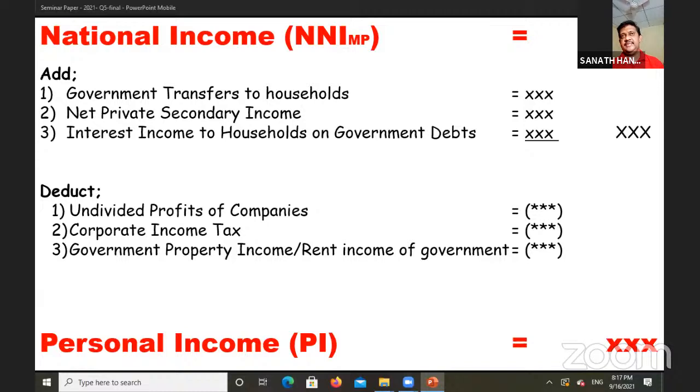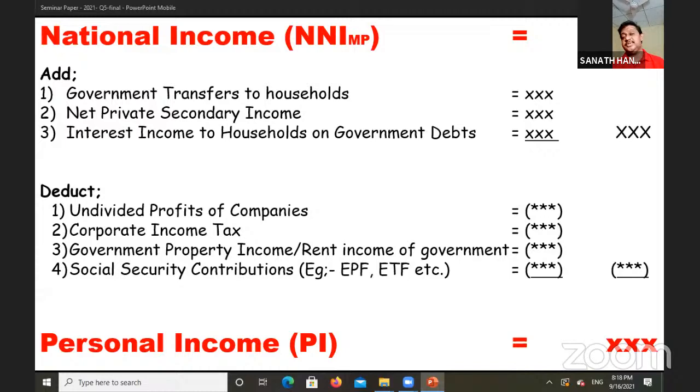For example, in our country all the lands of city areas are owned by the Urban Development Authority. So the rent income of the shops in the urban areas comes into the government, right? The next one is social security contributions. So this is how we convert national income into personal income.